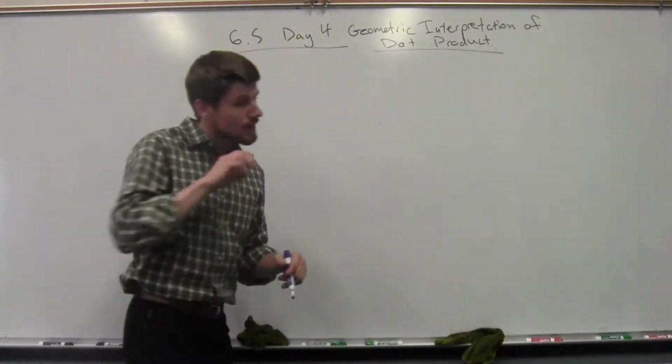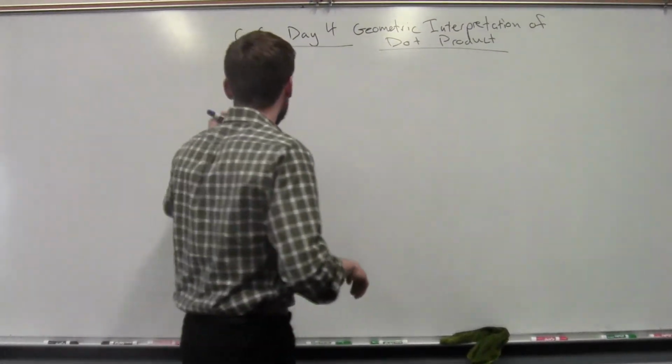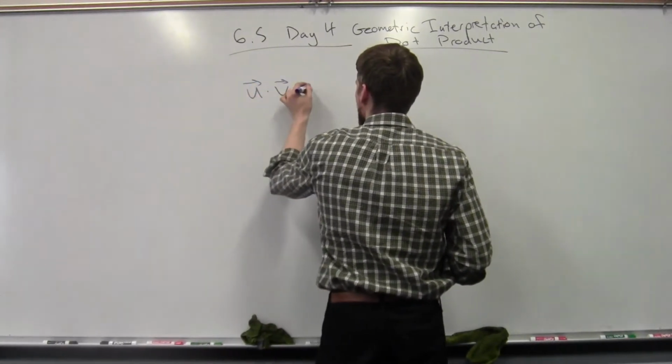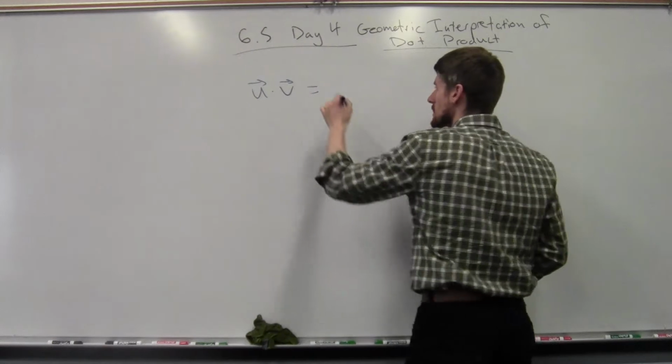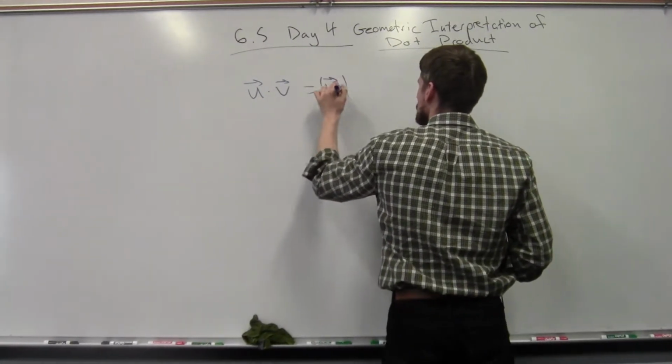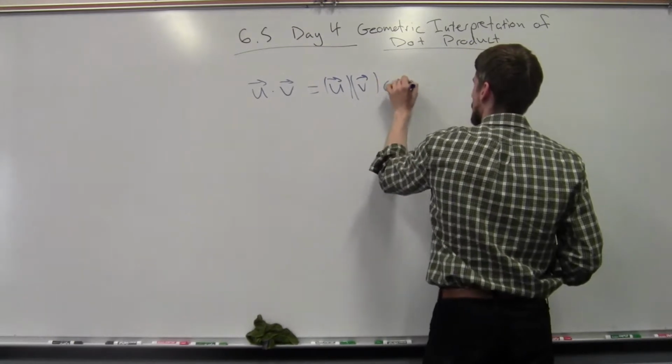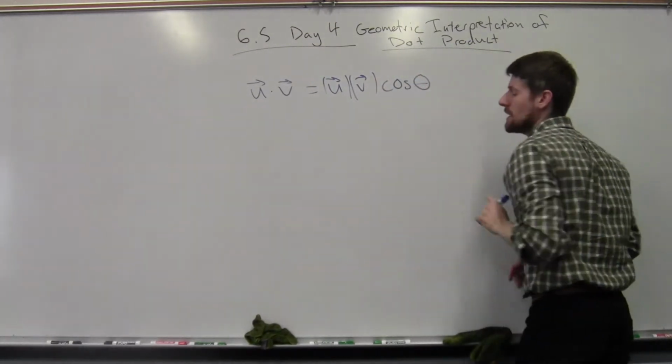Okay, so there's a corollary to that formula for the dot product we just saw: u dot v is equal to the magnitude of u times the magnitude of v times the cosine of the angle between them, right?